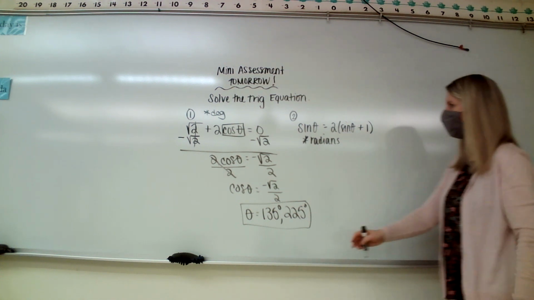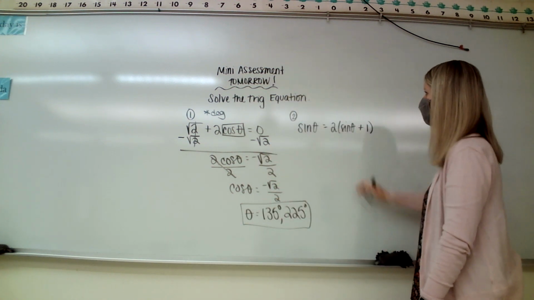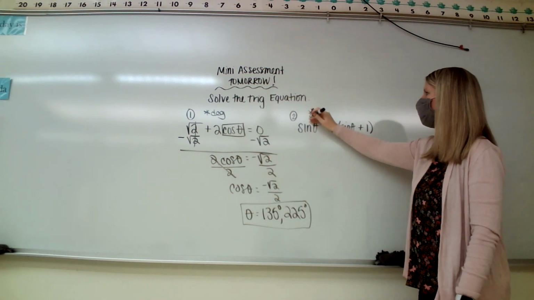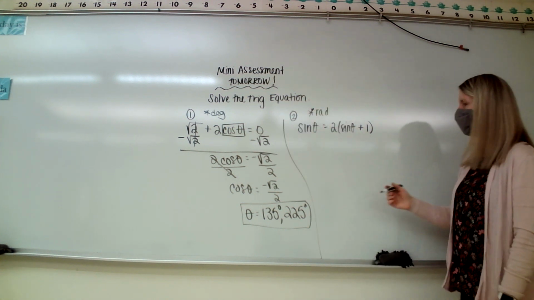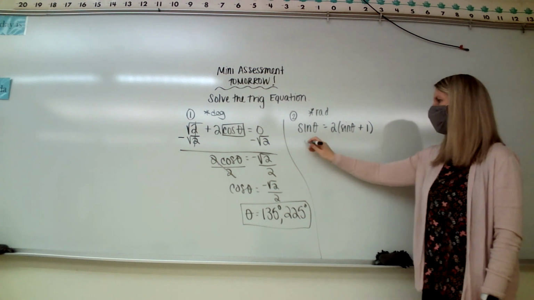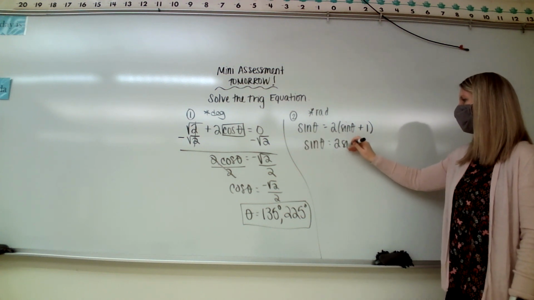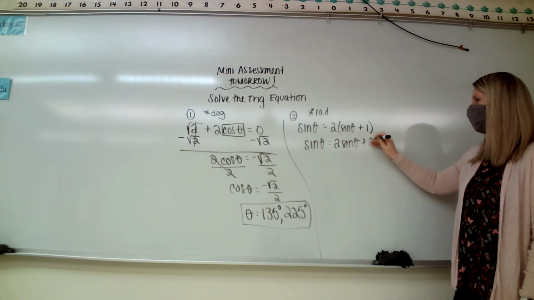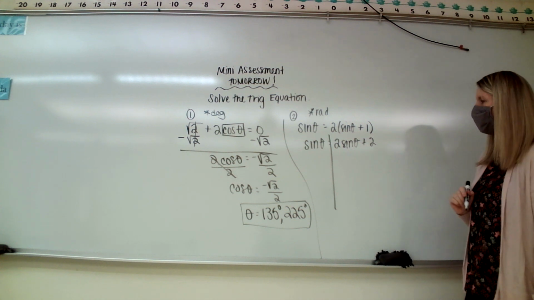And then for our other number 2 here, I want to be able to do the work here, so I'm going to remind myself radians. I see distributing on the right side, so I'm going to do that first. If you can distribute, always do that as your first step. And I think, well, I've got a sine on the left, a sine on the right, I've got to move stuff together.